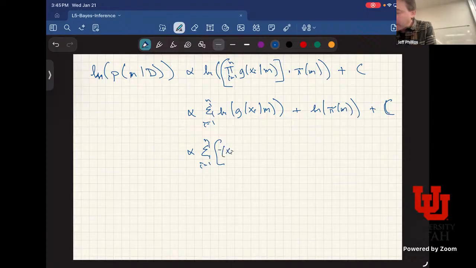So this itself is going to be a negative xi minus m squared divided by sigma squared. What did I say? This was 2 squared, right? Plus the natural log of 1 over square root 2 pi times 2 squared, right?